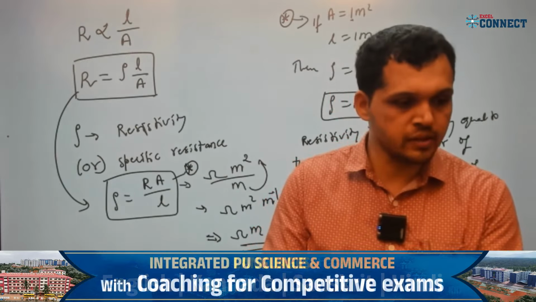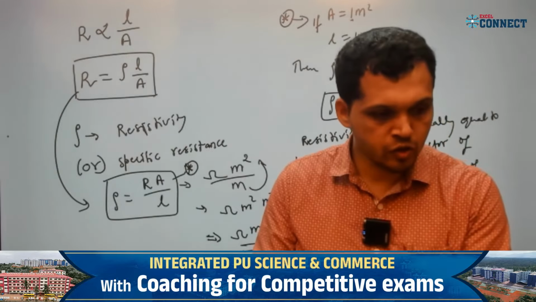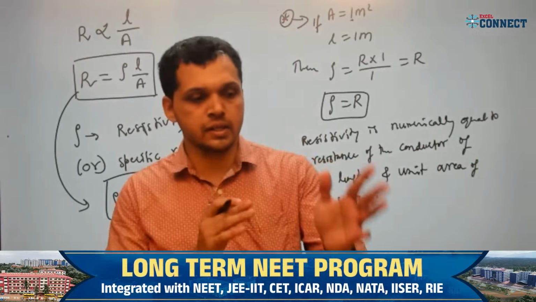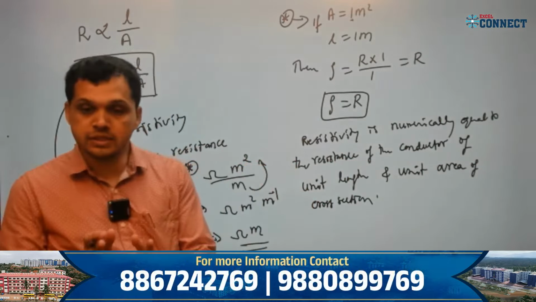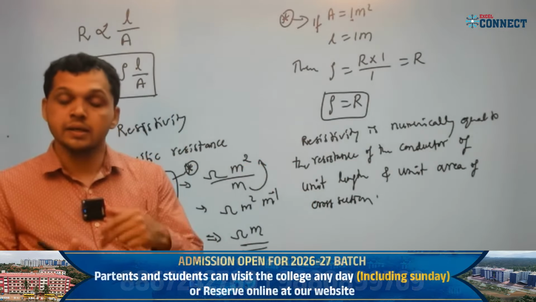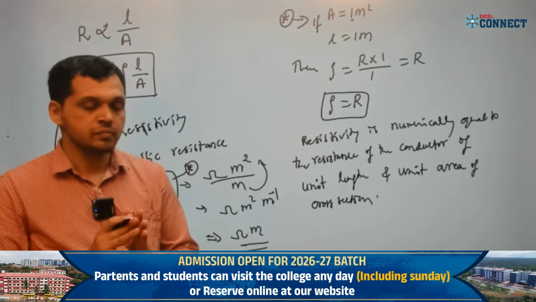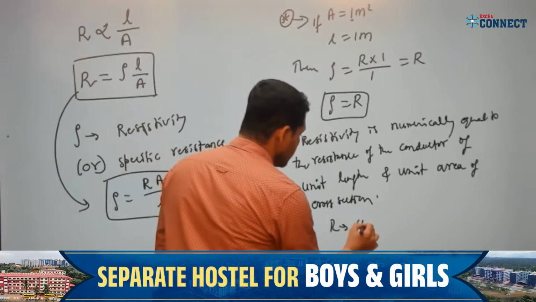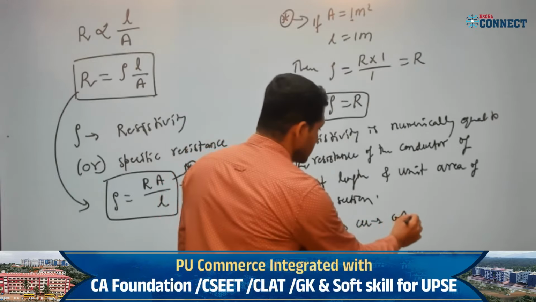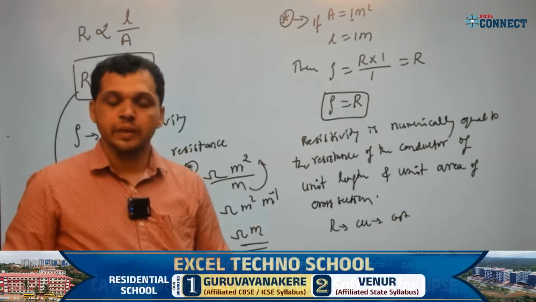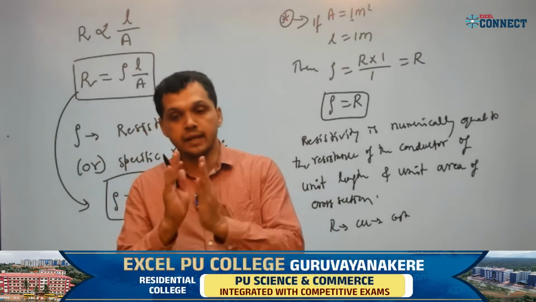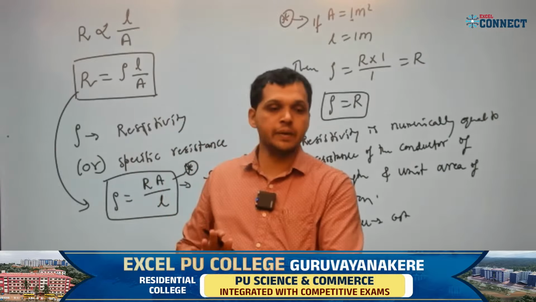Someone answered there, Janhavi, Suresh: resistivity depends on the length and area of the conductor, you said. No, the resistivity of a given material remains constant. If you take the resistivity of copper, it remains constant, whether it is a copper wire of 1 meter, 2 meters, or any length or area.